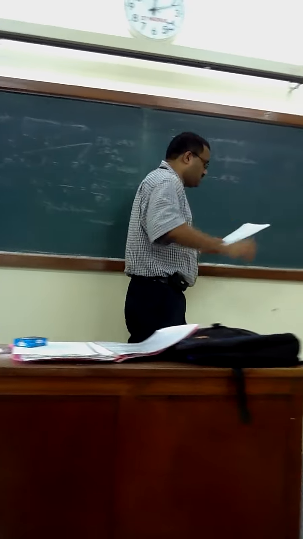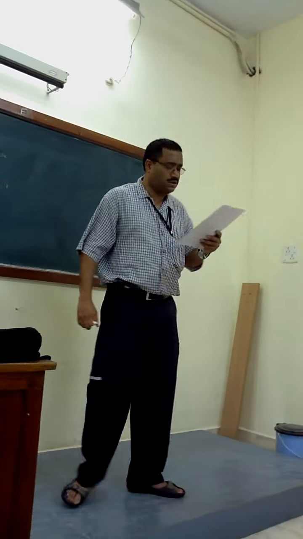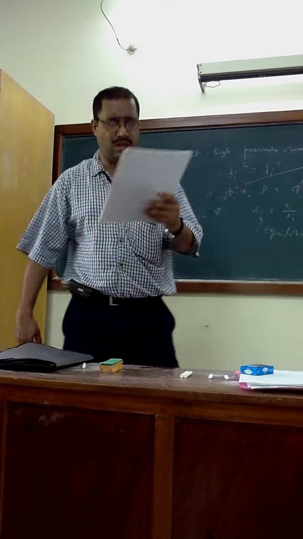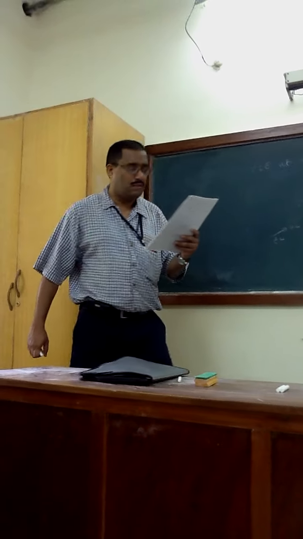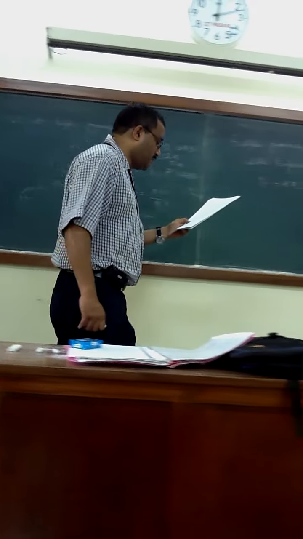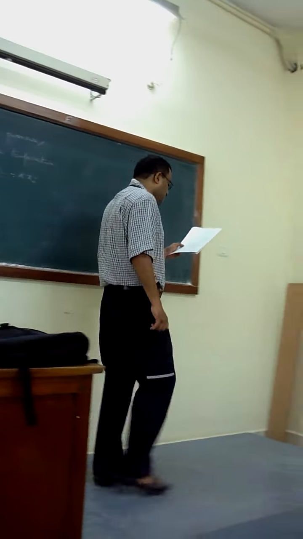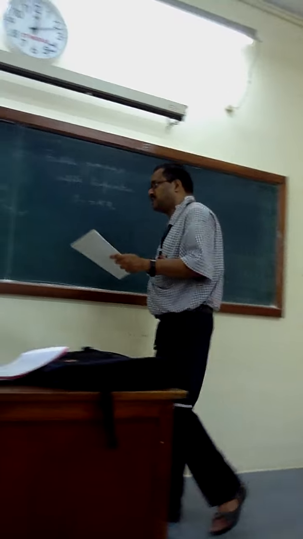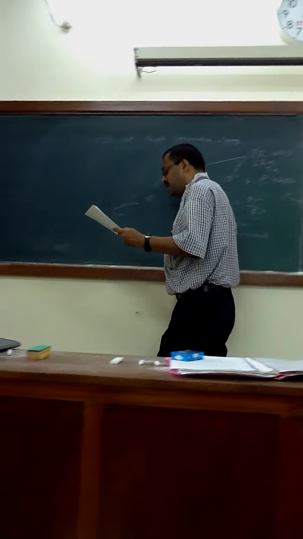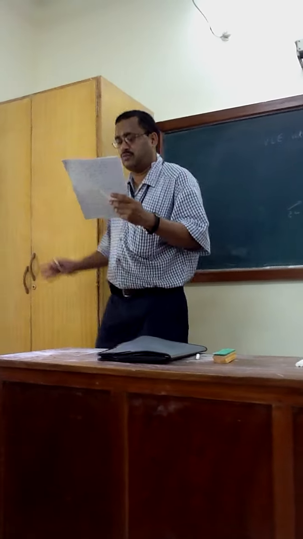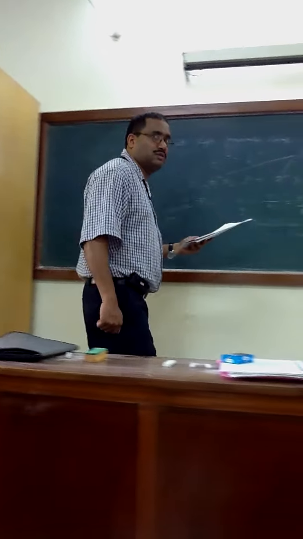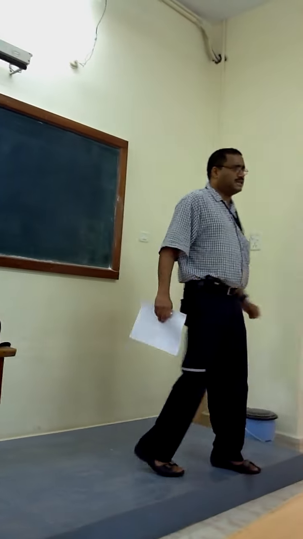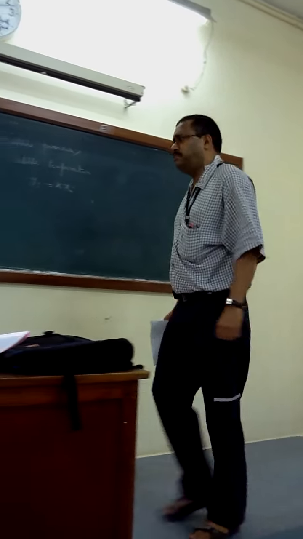If you have the Peng-Robinson equation of state fugacity formula, the big formula is ln phi_i equals Bi by B_mix into (Z minus 1) minus ln(Z minus B_mix) plus A_mix by 2 root 2 B_mix into (Bi by B_mix minus 2 summation Aij by A_mix), and the whole thing multiplied by ln of (Z plus B_mix(1 plus root 2)) by (Z plus B_mix(1 minus root 2)). So that means Z is required. And Z means what? PV by RT.